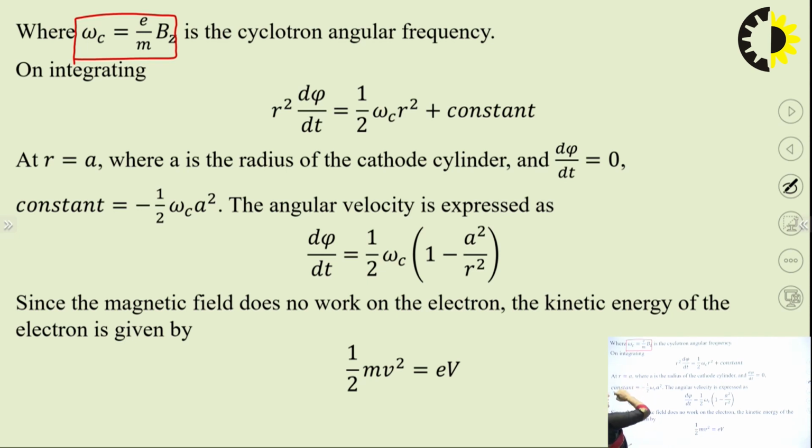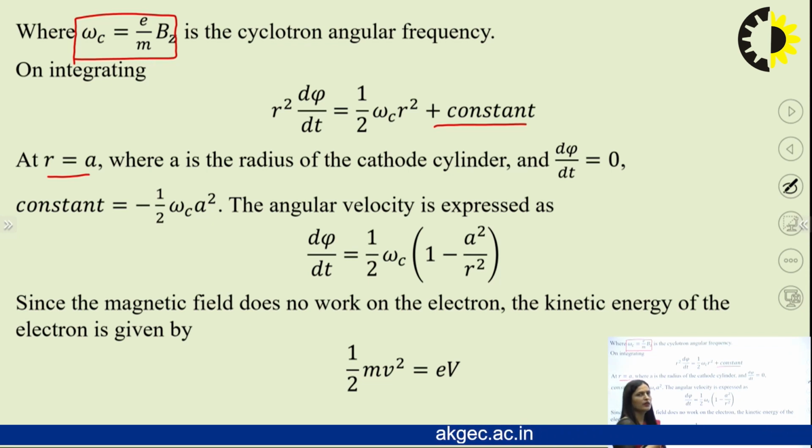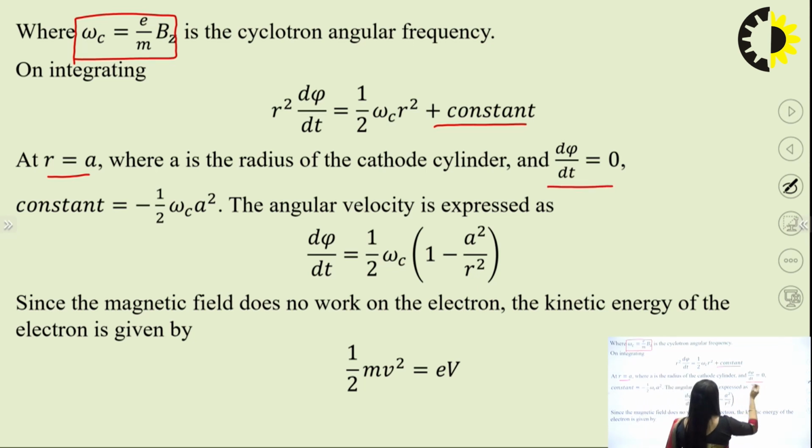And on integrating the last equation, r squared d phi by dt is equal to 1 by 2 omega c r squared plus some constant. At r is equal to a, where a is the radius of the cathode cylinder, d phi by dt is equal to 0.